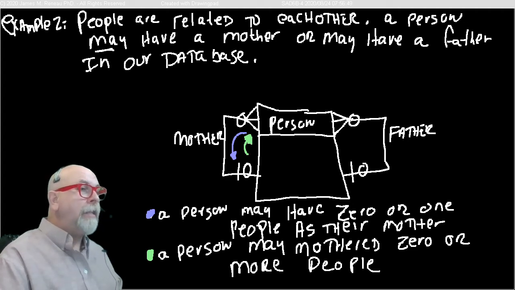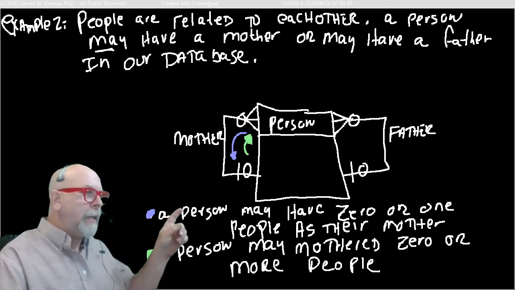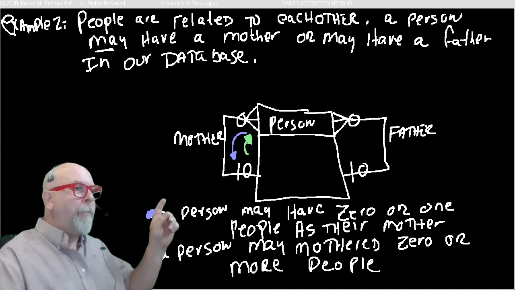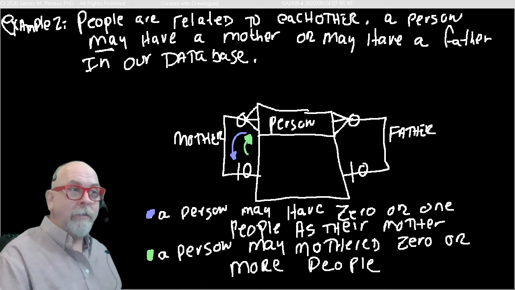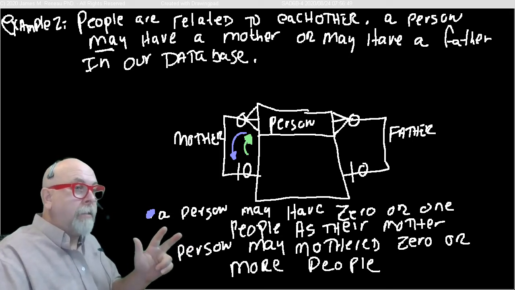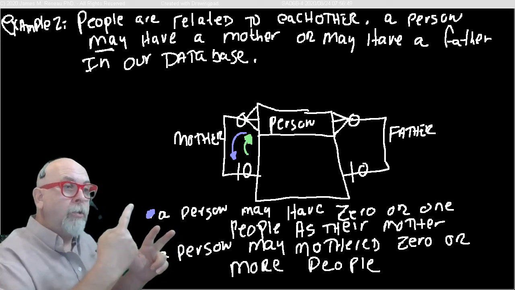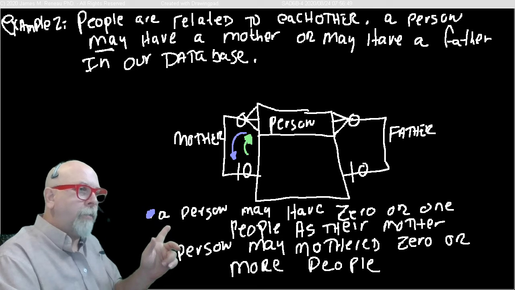So let's read this. A person has 1 or 0. Actually, that shape is backwards, isn't it? A person has 0 or 1 mothers in the database, and a person can be 0 or more people's mother. For instance, if me, my sister, and my mother were in the database, my mother could be on 2 of us as mother, but each of us would only have 1 mother. Then there's also the father relationship.